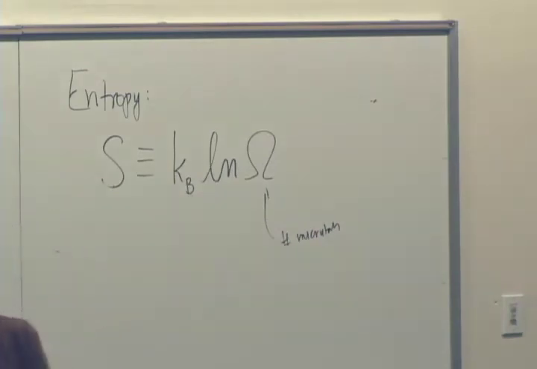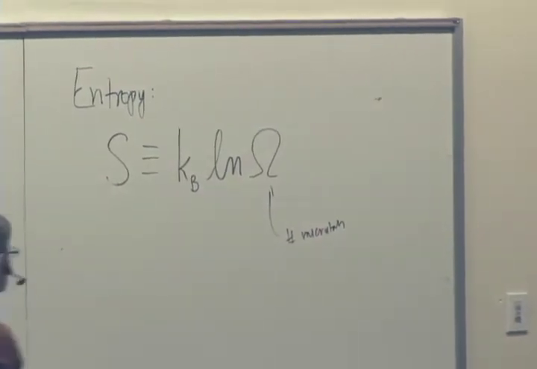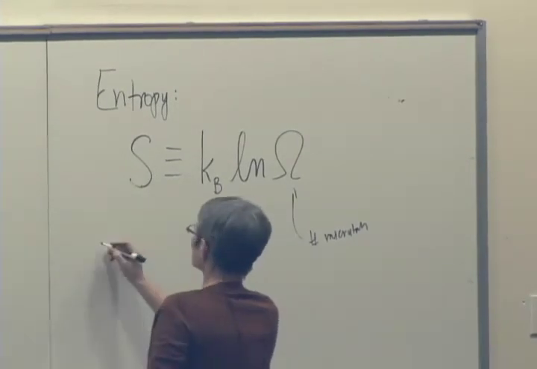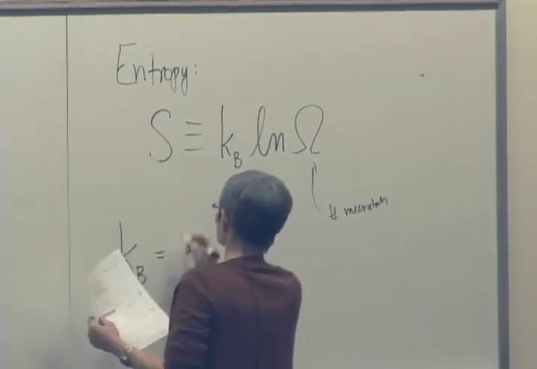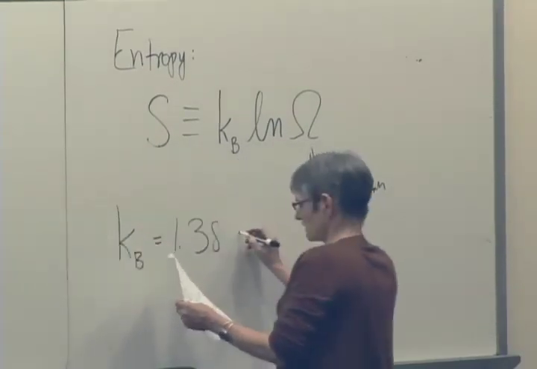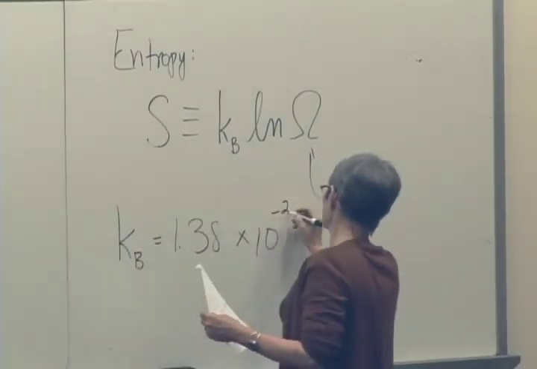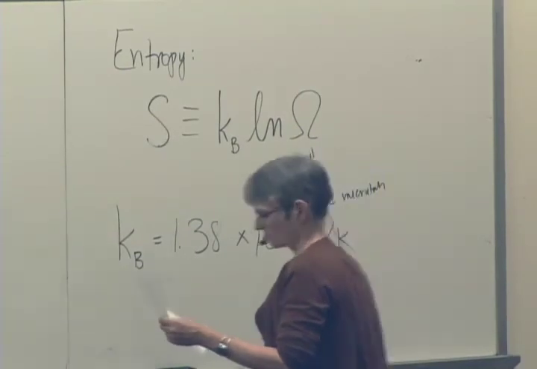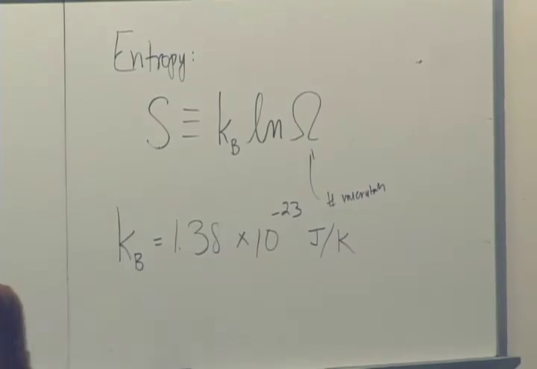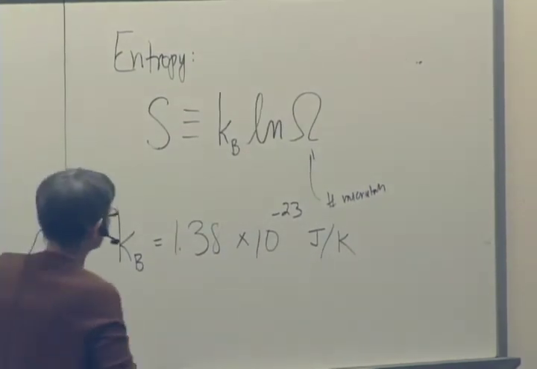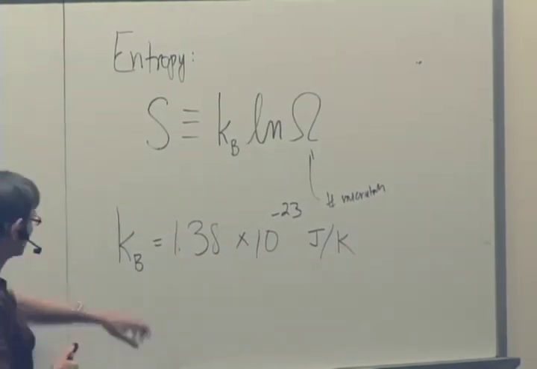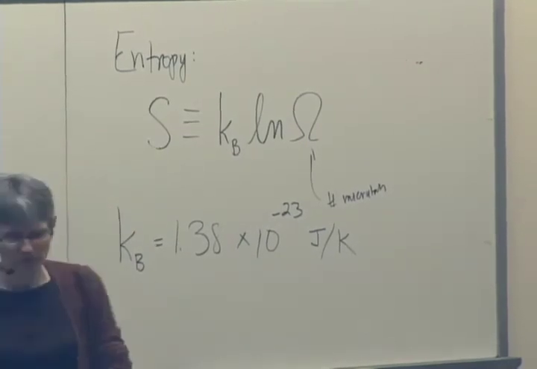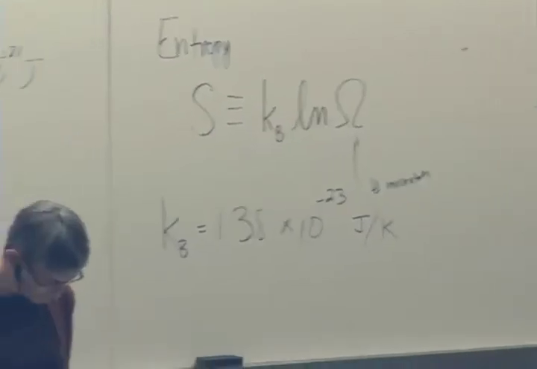It's named for Ludwig Boltzmann, who figured this out. The value of the Boltzmann constant is 1.38 times 10 to the negative 23rd joules per Kelvin. And there are so many K's floating around here with interatomic spring stiffnesses and whatnot that the convention these days is to call it k sub B for the Boltzmann constant.